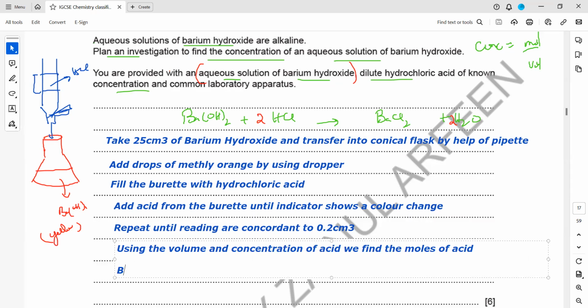And then by using the moles of acid and the mole ratio, we will find the moles of barium hydroxide.